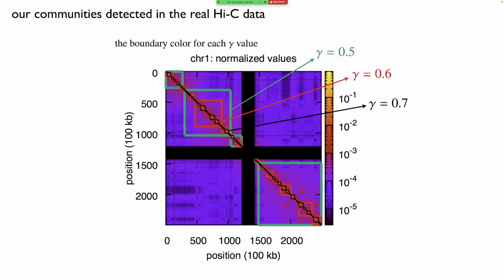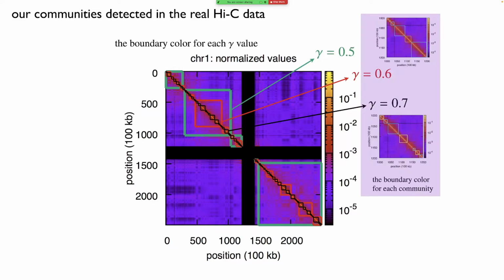So here's the representative result of the communities we found with our method for 3 different resolutions, gamma equal to 0.5, 0.6 and 0.7 for chromosome 1. And here are some examples of the non-contiguous communities. I mean, these yellow pieces in fact constitute the same community, this yellow one and these light blue pieces.